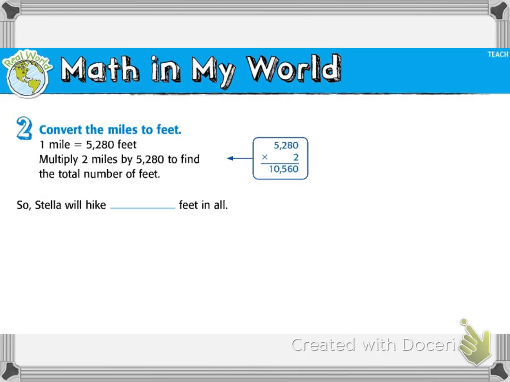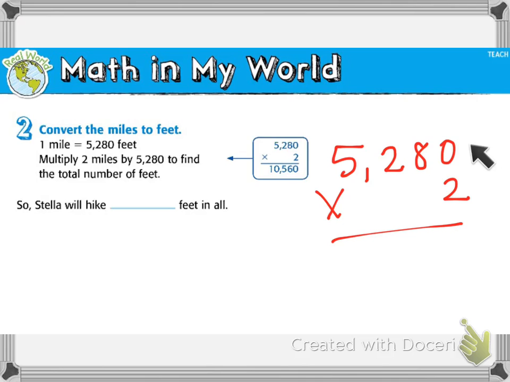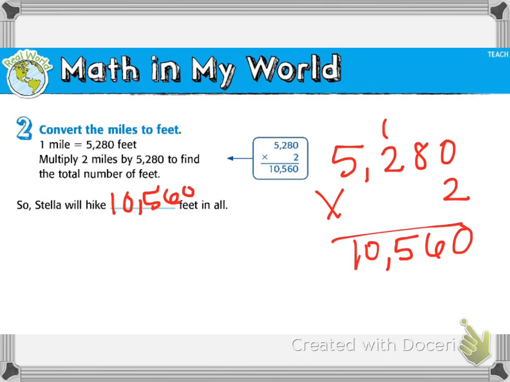So let's solve this. 5,280 times 2. 2 times 0 is 0. 2 times 8 is 16. 2 times 2 is 4 plus 1 is 5. And 2 times 5 is 10. So Stella will hike 10,560 feet in all. Good job, Stella. You rock.